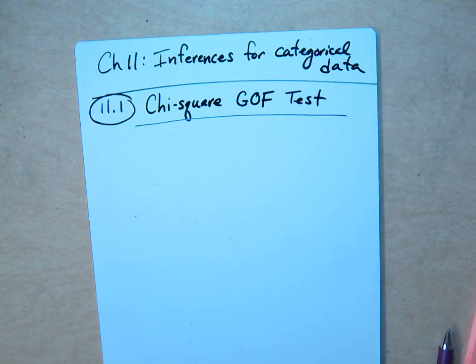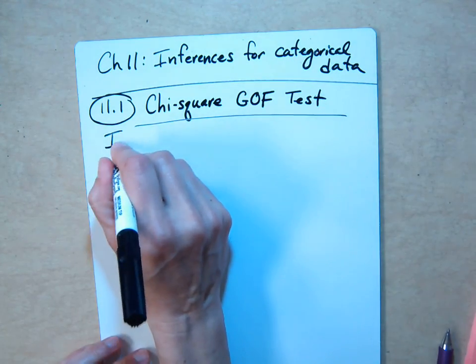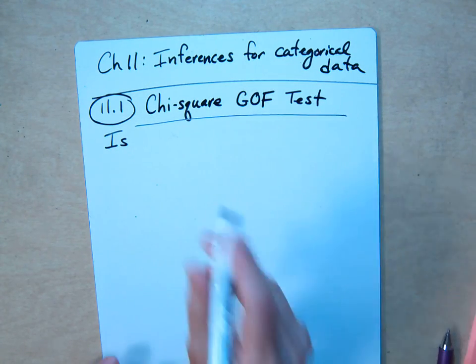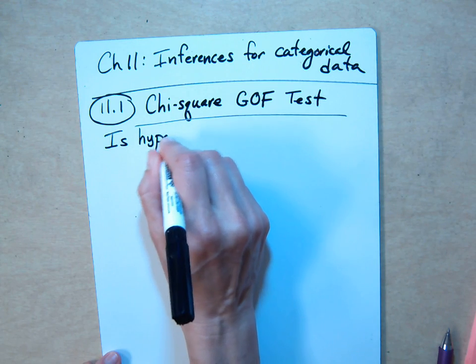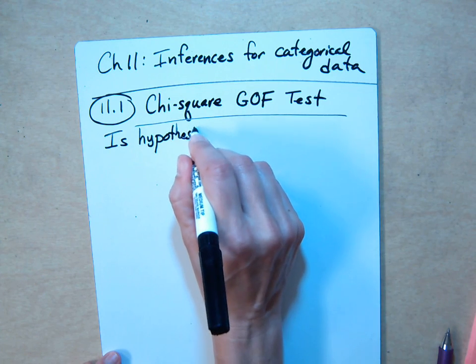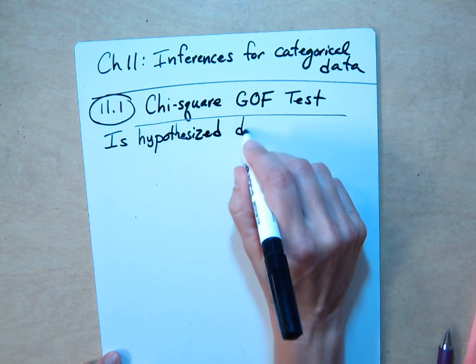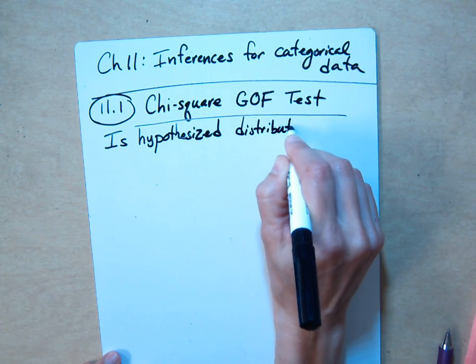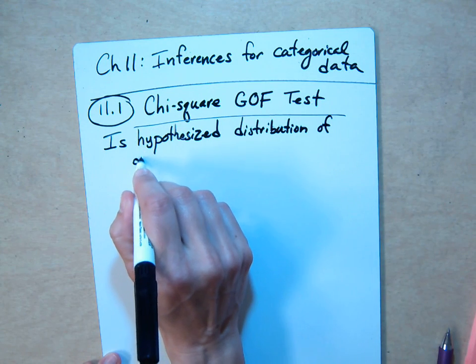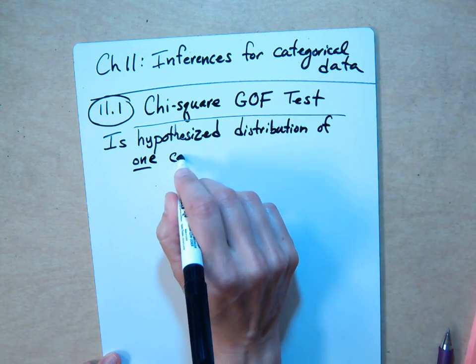Section 11.1, our first chi-squared test, the goodness of fit test. We use this test to answer this question: Is the hypothesized distribution, which we'll state in H0, of one categorical variable for one population valid?